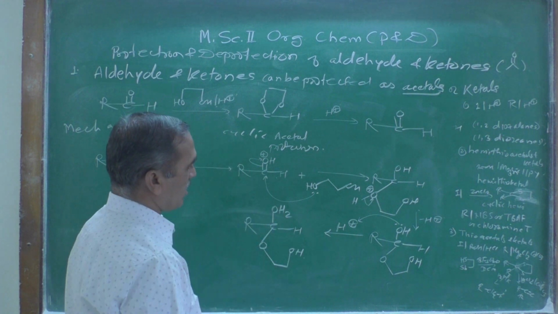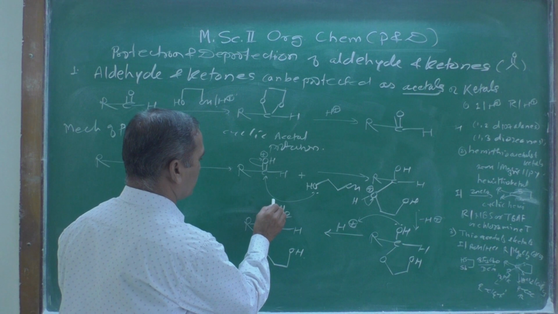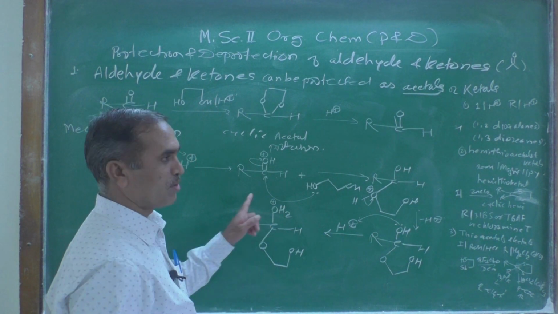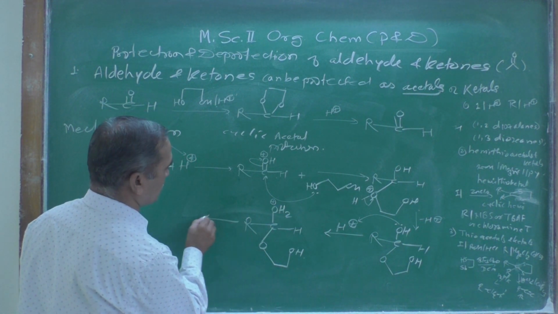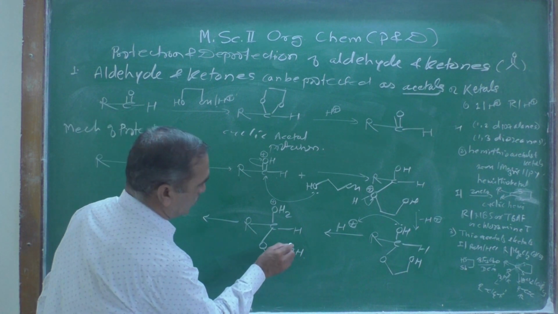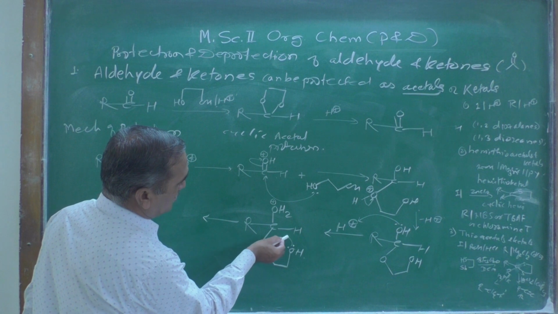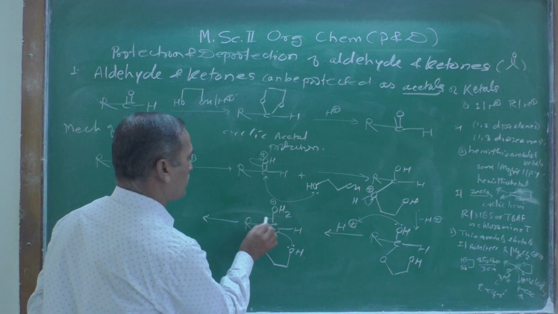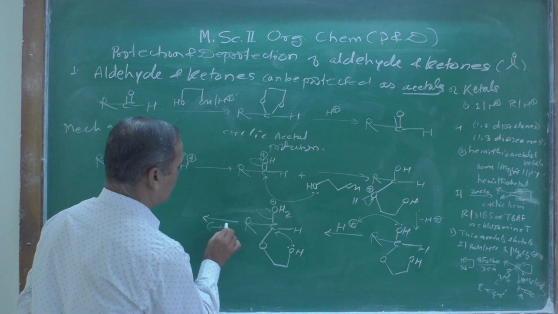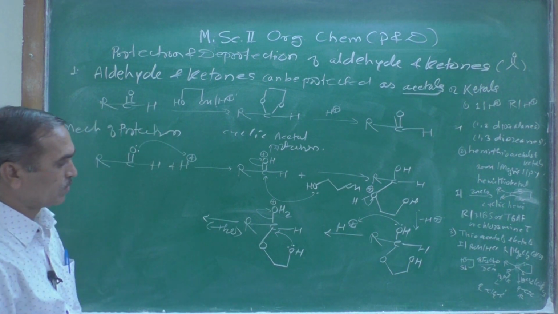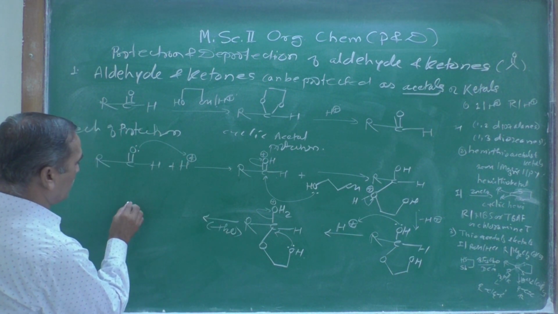Now there is a positive charge on it, because when positive charge comes, it becomes highly unstable. The lone pair which is present on this oxygen atom attacks this carbon atom. There is an elimination of a water molecule, and what do you get here?